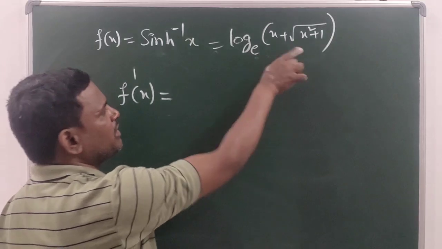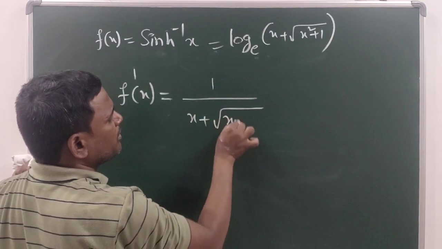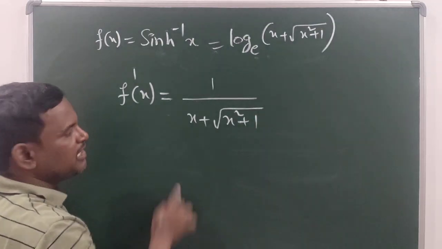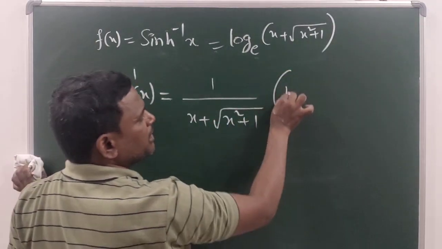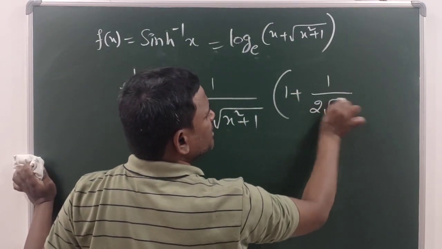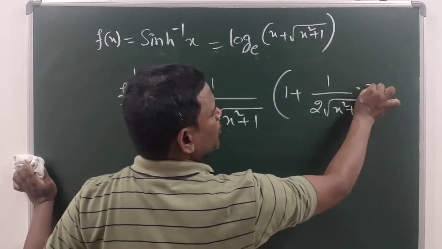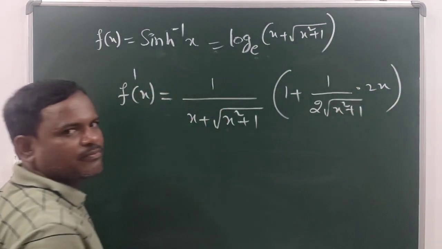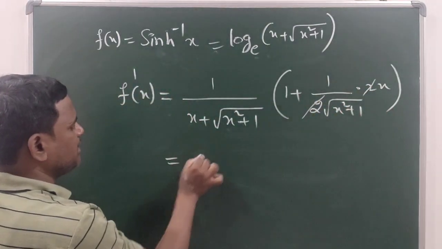You know the derivative of log x is 1 by x plus root x square plus 1. Is this x? No. Follow the chain rule. The derivative of x becomes 1. The derivative of root x is 1 by 2 root x. Now is this x? No. Follow the chain rule. 2x you will get. So 2 cancels.